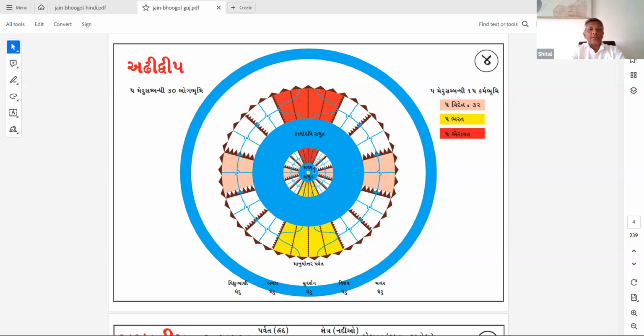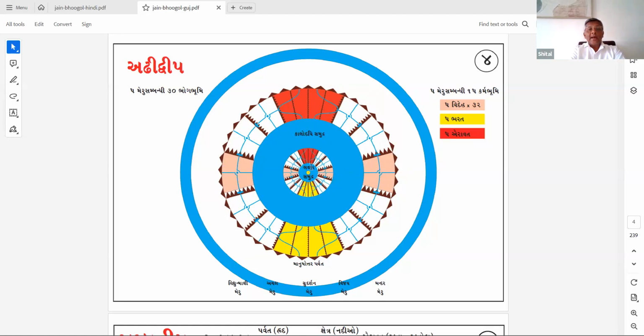So they are like the spokes of a bike. They are not flowing across from east to west, but they are going sideways. That's the only difference. So if you understand Jambudweep, the formations here are exactly the same. So that's how far we got.